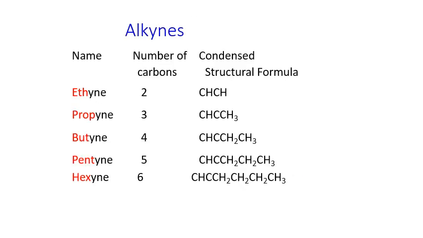So the alkynes have the same prefixes: 2 carbons is eth, 3 carbons prop, etc. But now you have the -yne suffix, and the condensed structural formula for 2 carbons is going to be CH≡CH. Obviously, you cannot have methyne because there's no other carbon to form a triple bond with.